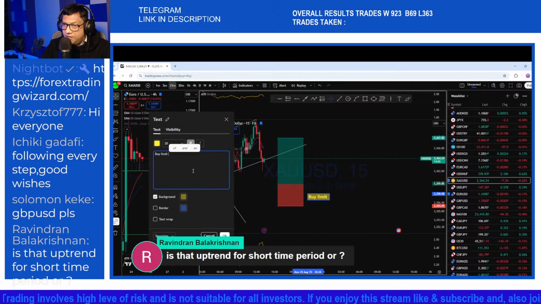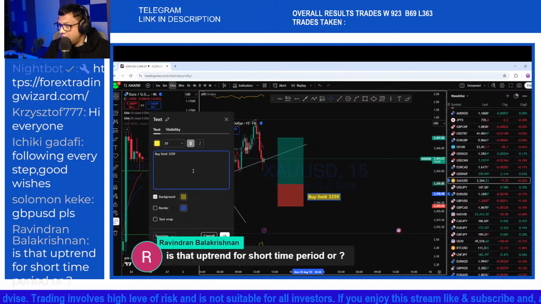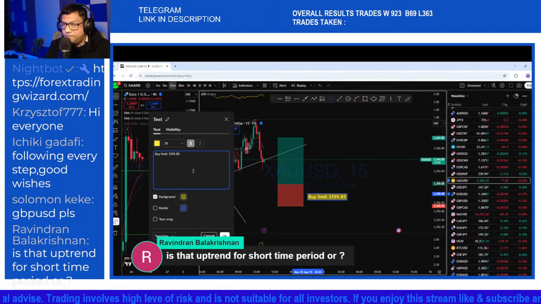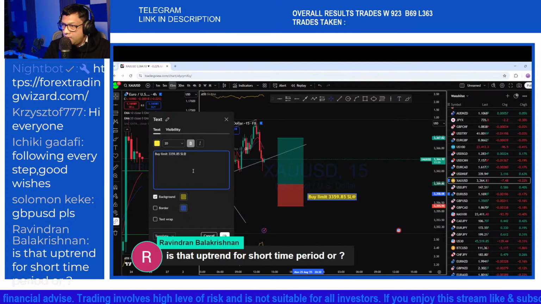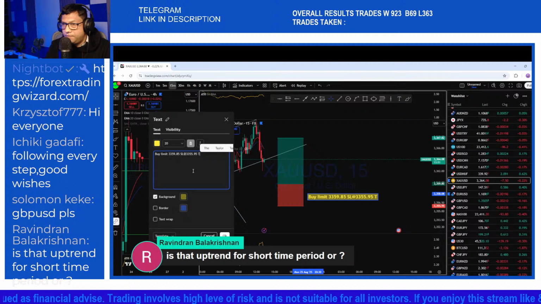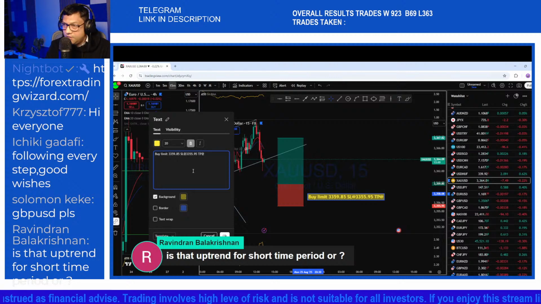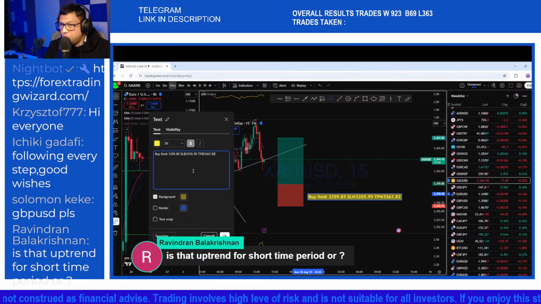So if we place the buy limit here at 3359.85, stop loss at 3355.95, and TP target at 3367.82.